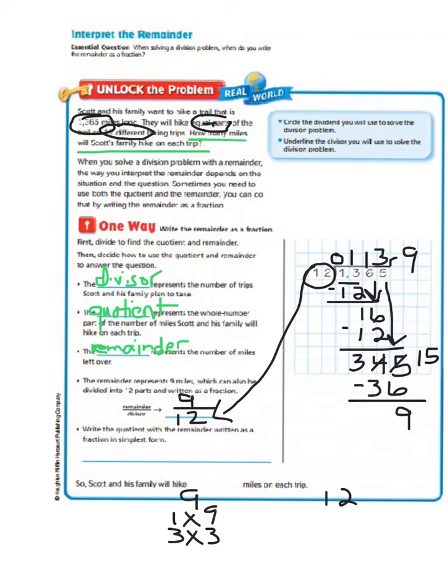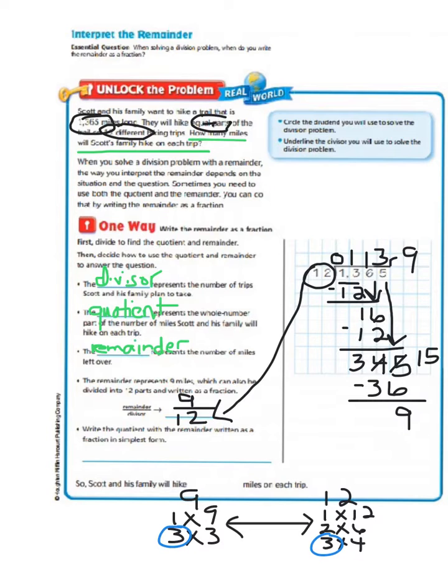So if we do our factors of 12, that's 1 times 12, 2 times 6, 3 times 4. So if we now compare our factors of 9 to our factors of 12, we see that our greatest factor that is the same for both is going to be the 3.